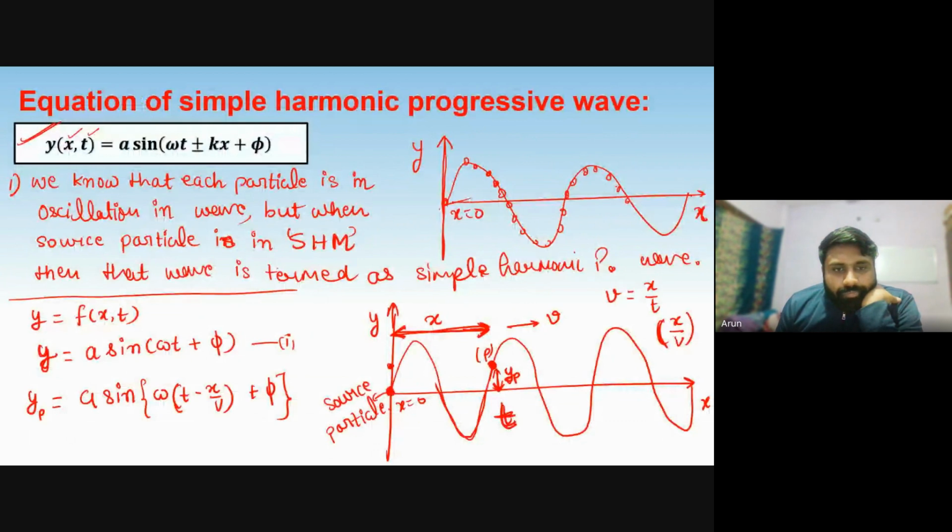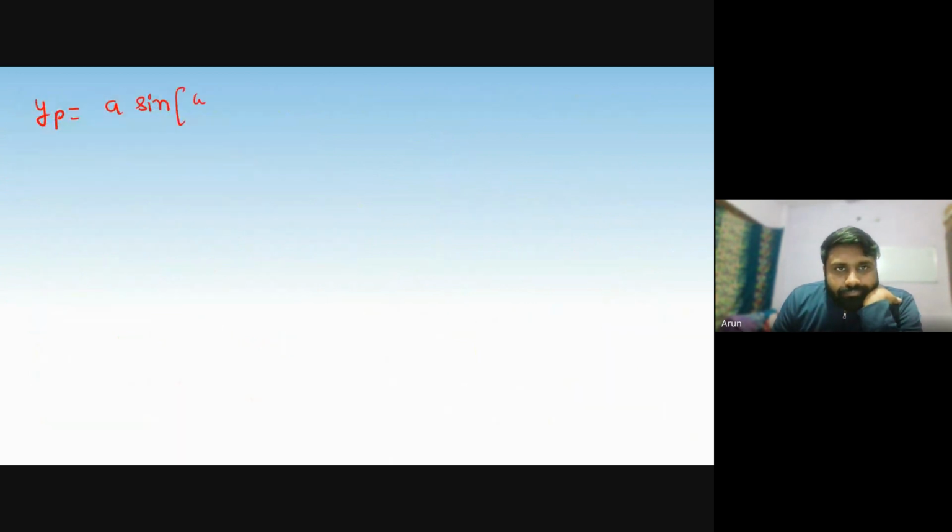Now yp here equals a sine, and if you multiply these inside, it will become omega t minus omega x upon v, plus phi. Okay. Now put the values.